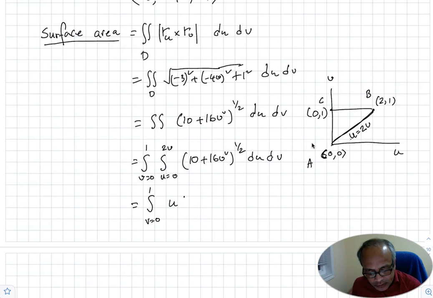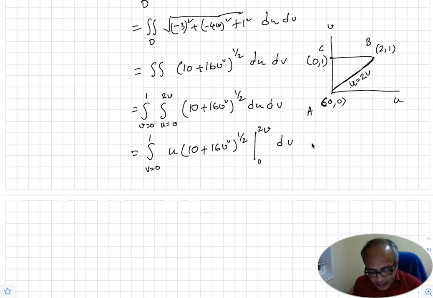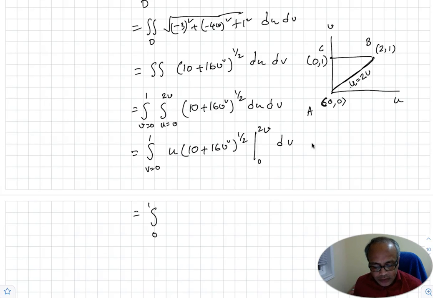So I will have u times 10 plus 16v squared to the power half, evaluated from 0 to 2v, and then with respect to v. Okay. So first write down this integral from 0 to 1, and u will now be 2v minus 0, which I don't need to write down, times 10 plus 16v squared to the power half dv.